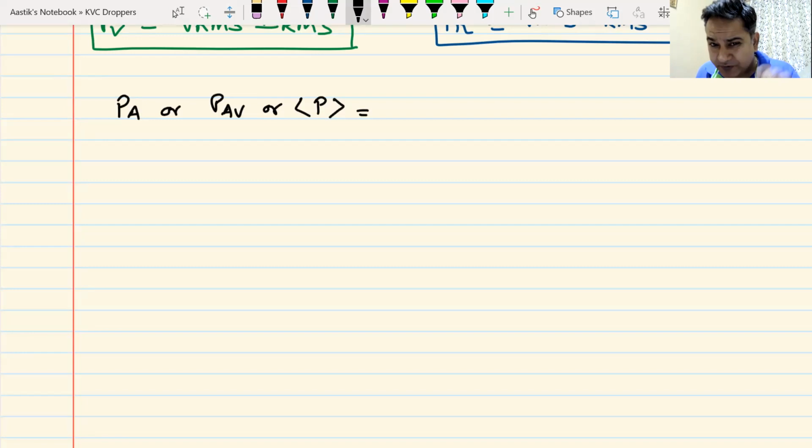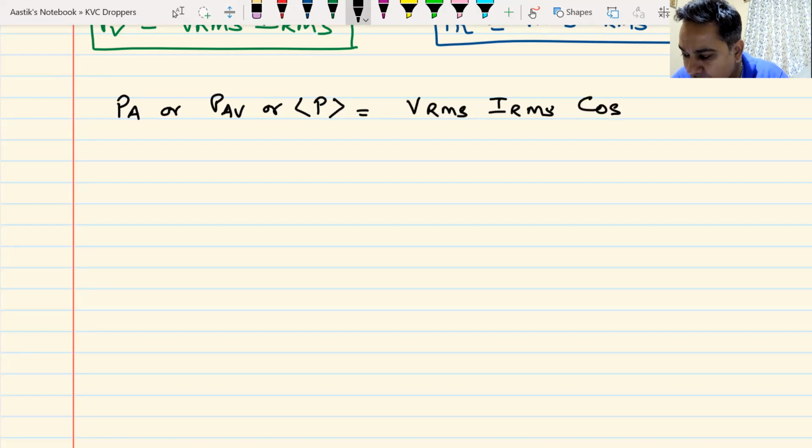Whenever someone asks you, what is the power of this AC circuit, they are talking about the active power or the average power. Remember that the formula for that is already seen: VRMS into IRMS into cos of phi.